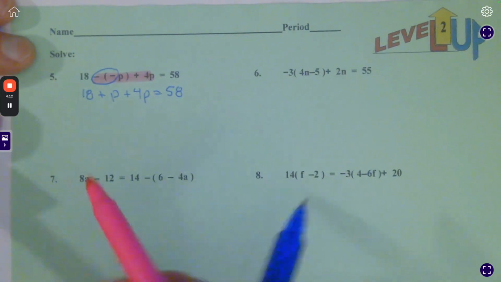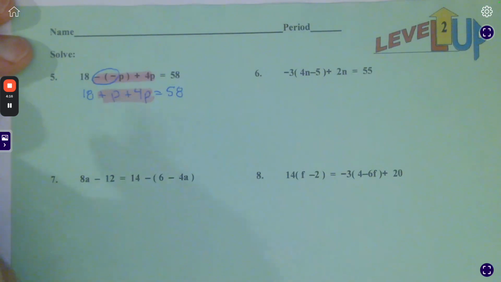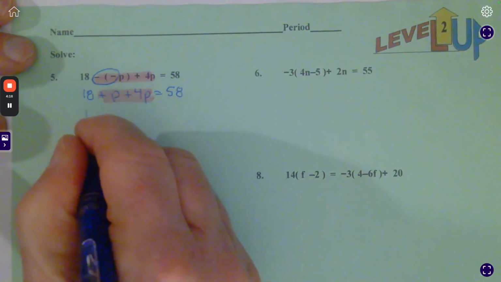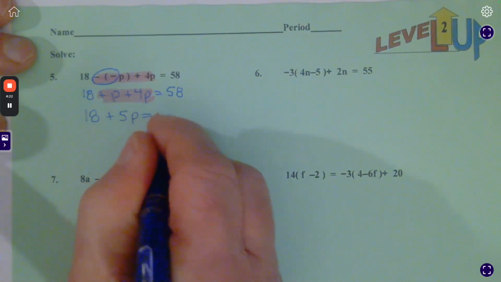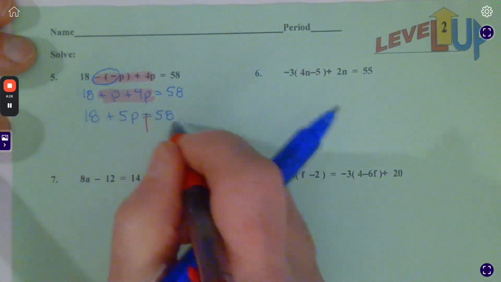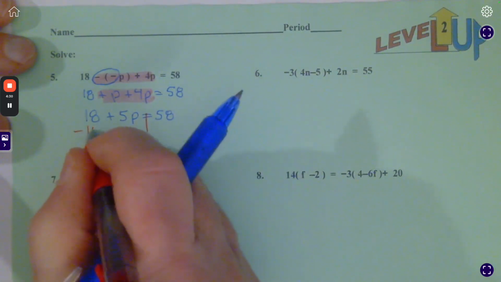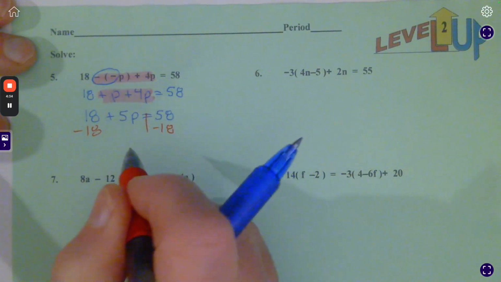Now what I'm going to do is I'm going to go ahead and complete this combining like terms process. So P plus 4P. That's like 1P plus 4P. So that's 5P equals 58. Okay, now I'm going to do inverse operations because I can't simplify. Move that constant term over. That's the variable term because it has the letter.